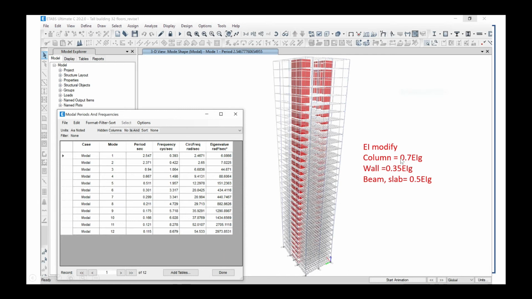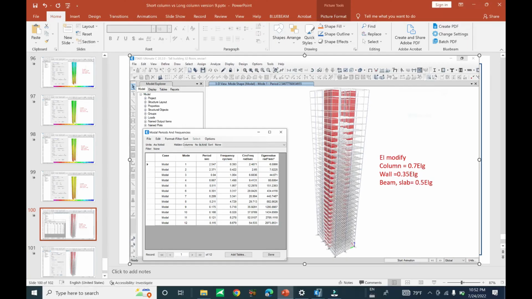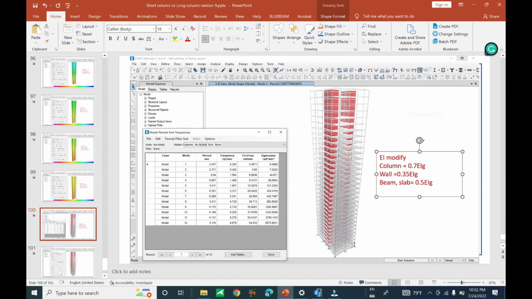Modified stiffness of column is equal to 0.7 E multiplied with IG, wall is equal to 0.35 E multiplied with IG, and beam slab is equal to 0.5 E multiplied with IG. Because the wall is uncracked, you can use this stiffness again.